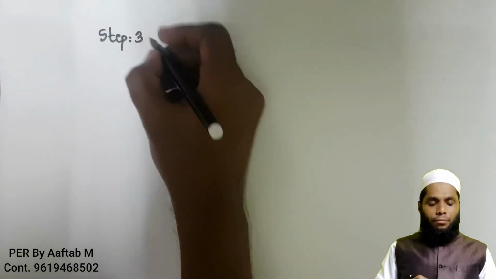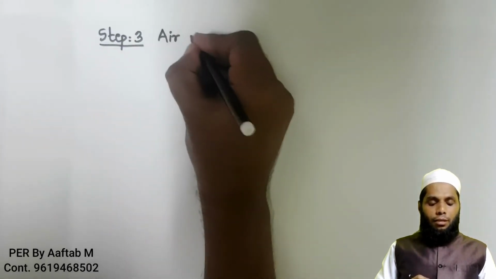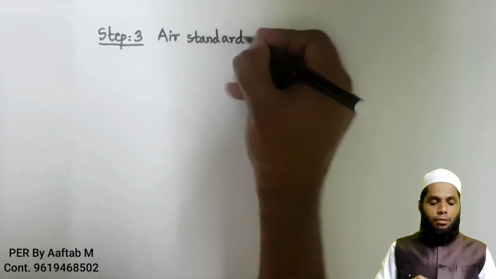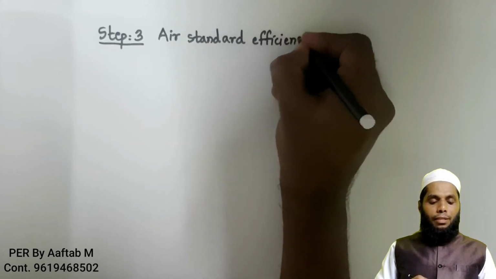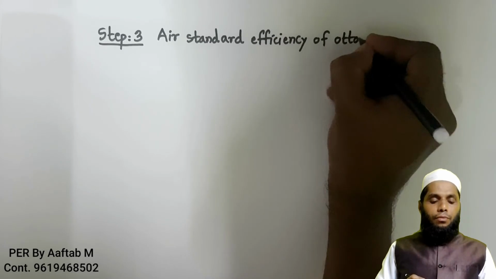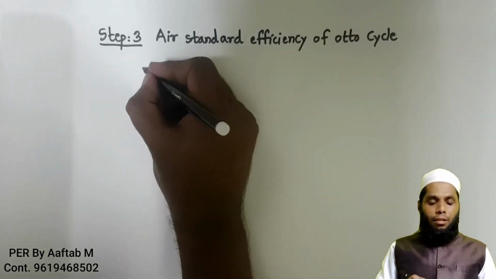So next we're going to determine another required value. Step number 3: we are going to determine the air standard efficiency of the Otto cycle.